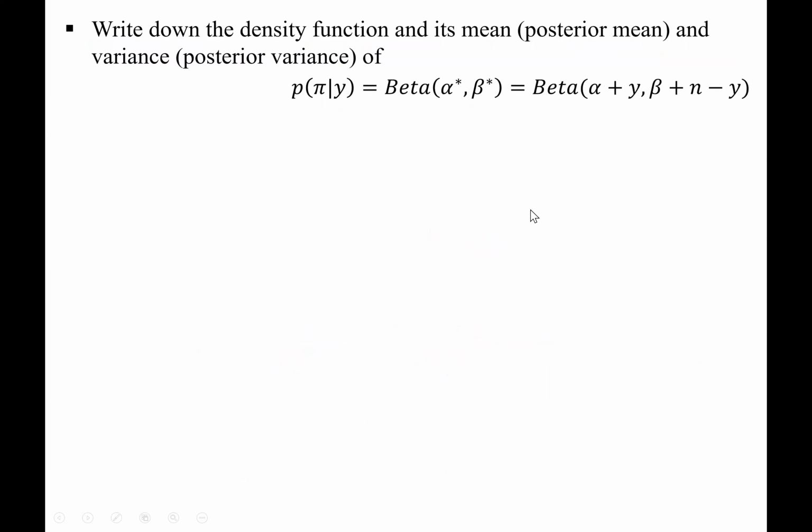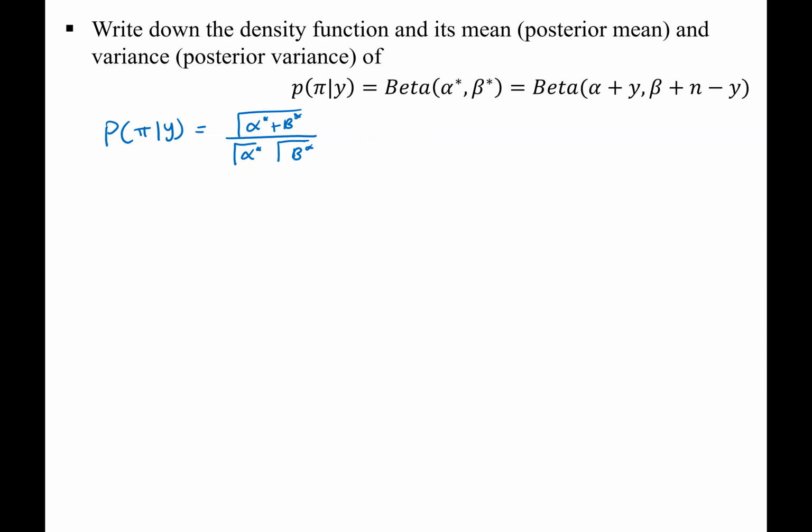Write down the density function. So it is a beta distribution with alpha star, beta star. So the probability of pi given y can be written as gamma of alpha star plus beta star. You need to calculate alpha star, beta star for some specific example. Divided by gamma alpha star, gamma beta star.